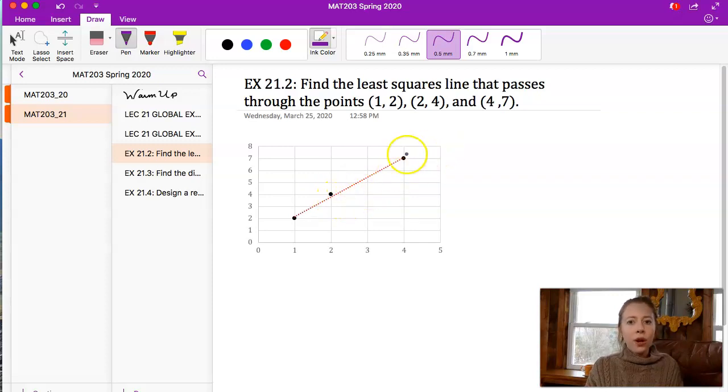Okay, so points that are directly on our best fit line are going to have no square, right? They're going to be 0 away in the y direction and 0 away in the x direction. So that would be 0 area away. So we want to minimize the total area for our points away from the best fit line. Okay, so we're looking for a minimum here. So let's begin.